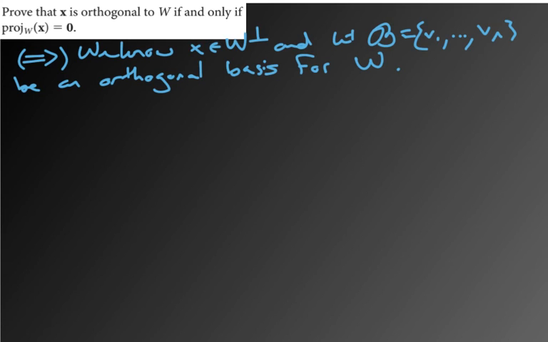By definition, if x is in W perp and we've got this basis here, any of those vectors v_i dotted with x should be 0, for all i.